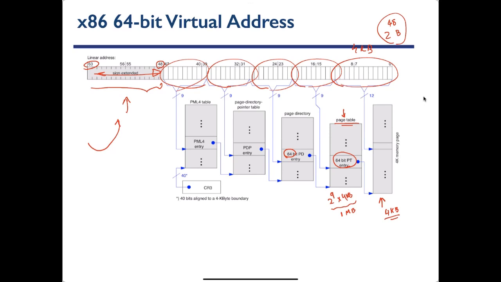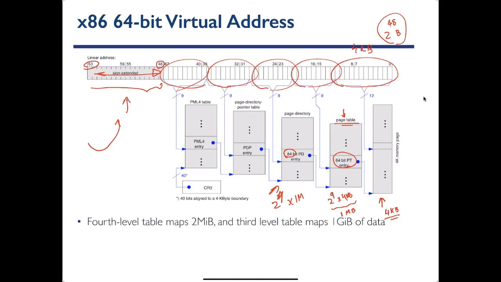Now, if I go to level 2, I have 2 to the 9 entries, and each entry, as we saw, is going to point to a page table, and that page table is going to address 2 megabytes. So that's 2 to the 9 times 2 megabytes, which is going to be 1 gigabyte.